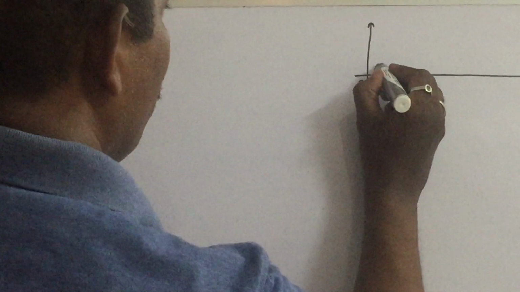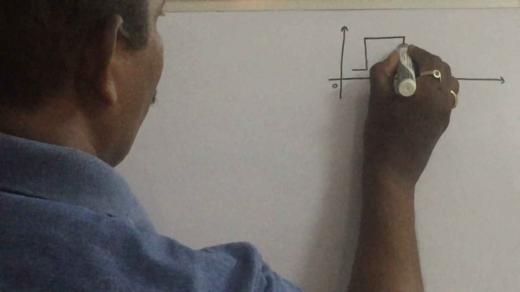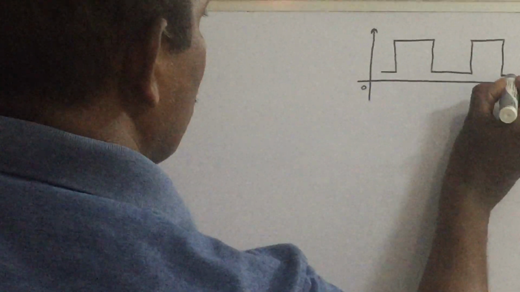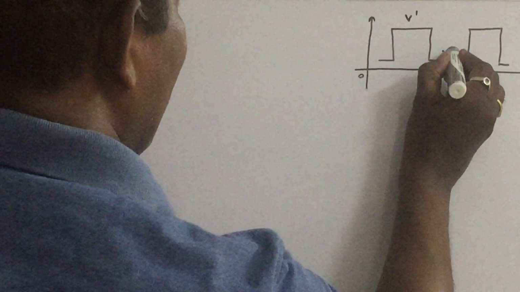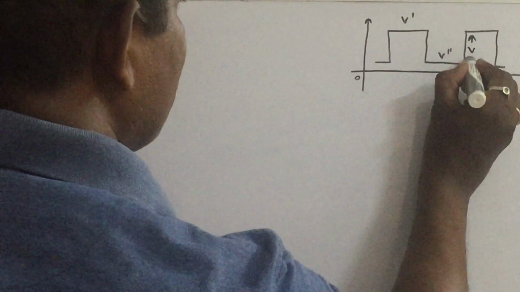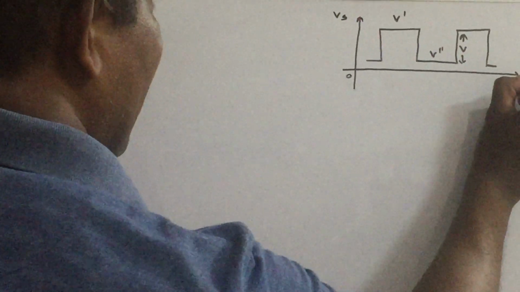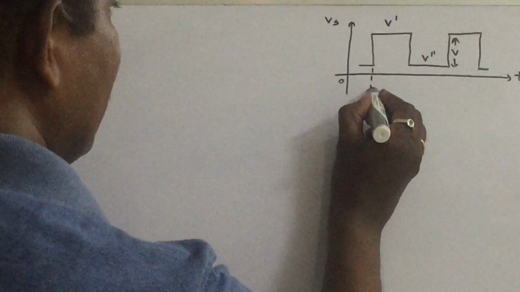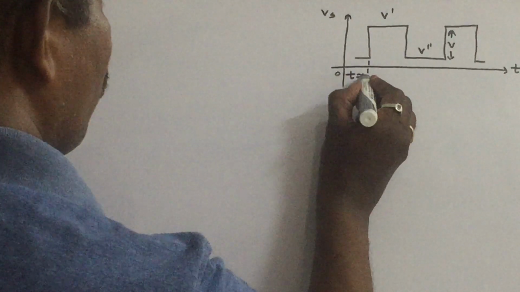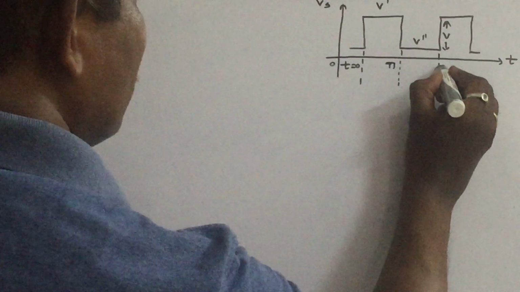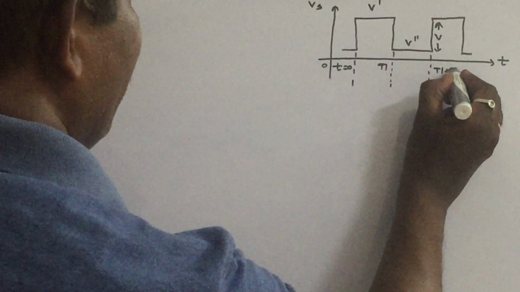This is V dash, V double dash. The peak to peak voltage of the square wave is V. This is the input voltage Vs. This is the time axis. We have considered this as time t equal to 0, this as T1, and this as T1 plus T2.